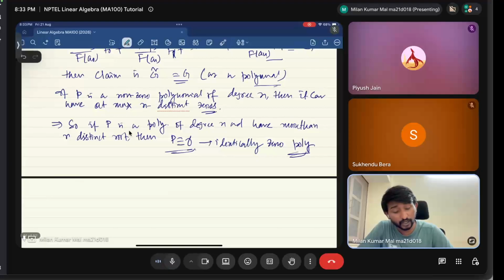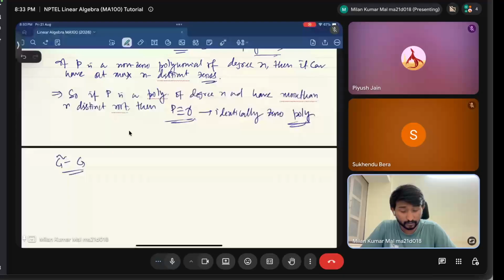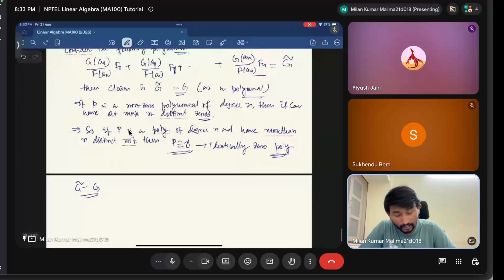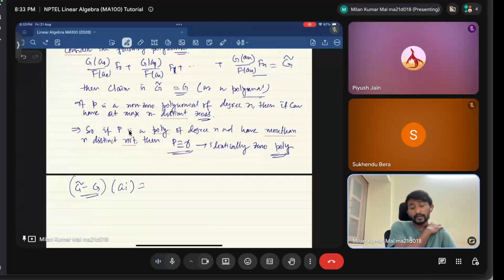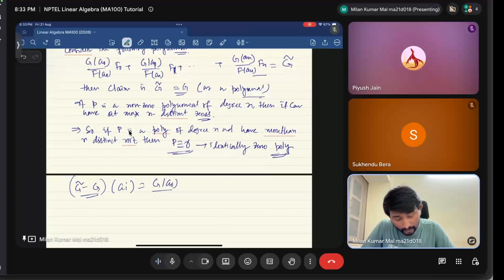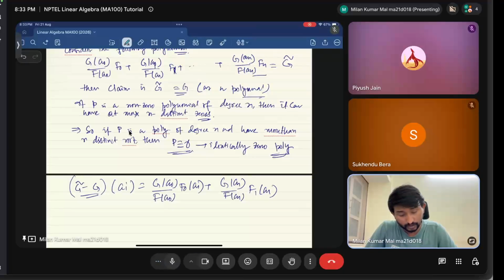But the point is that if you consider g tilde minus g and evaluate this at the point ai, what will happen? If you write g tilde of g at the point ai, then what will happen? g of a0 by f0 of a0, f0 ai, plus g of a1, f1 of a1, f1 ai... I have written a slightly problematic statement.